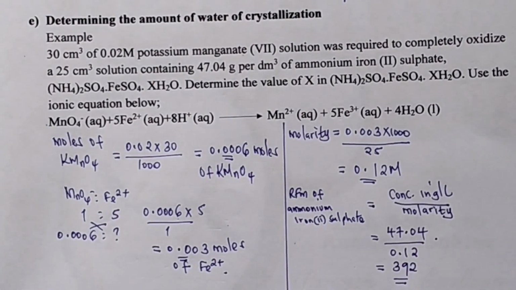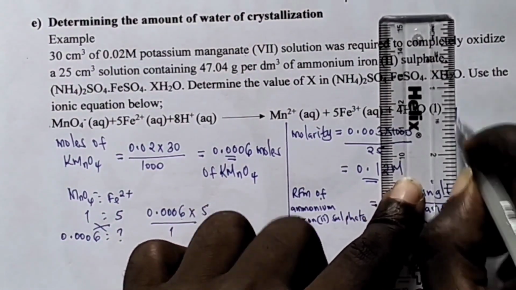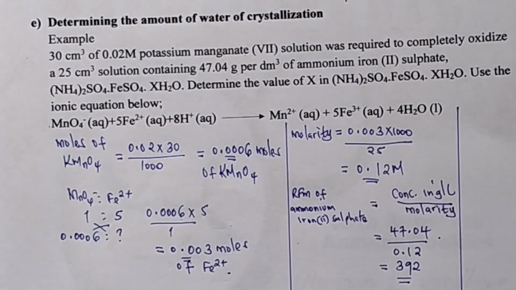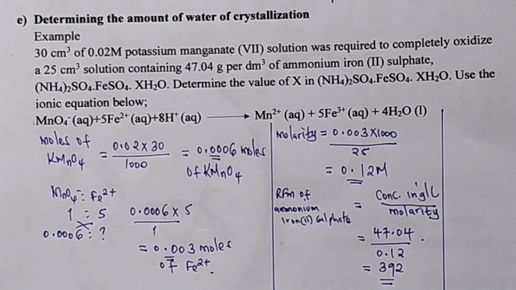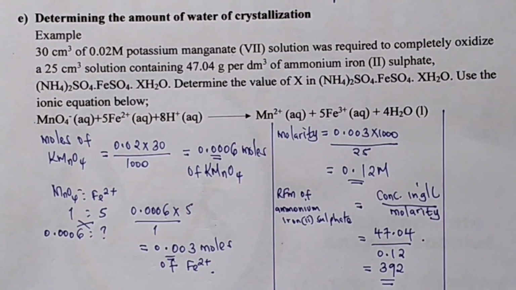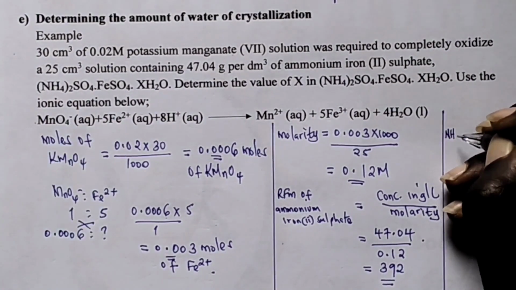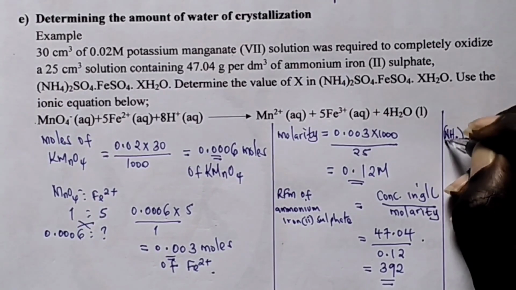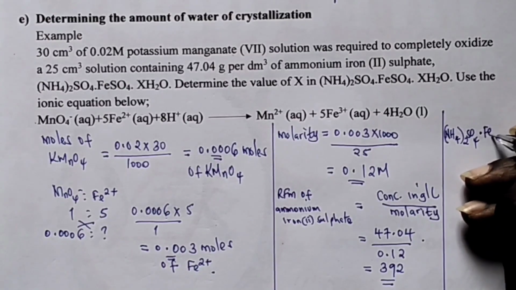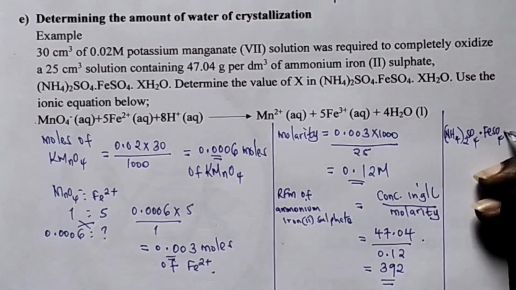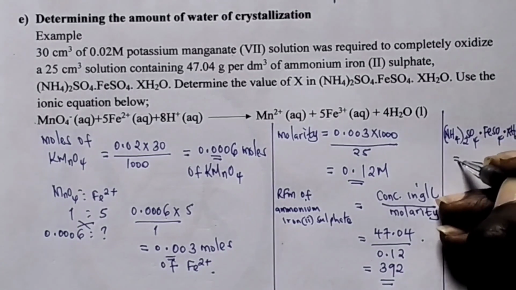So next, now that we have the RFM, we have to get the value of x. How are we going to get it? First of all, we have to know how to write ammonium iron(II) sulfate the way it is written. The formula there is (NH4)2SO4.FeSO4.xH2O, with x moles of water of crystallization. All of this will be equal to 392.